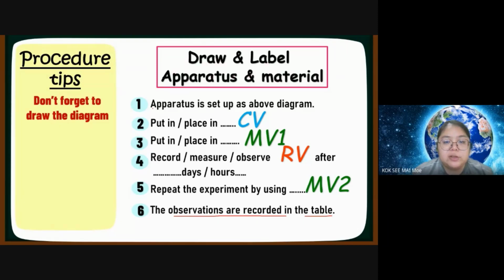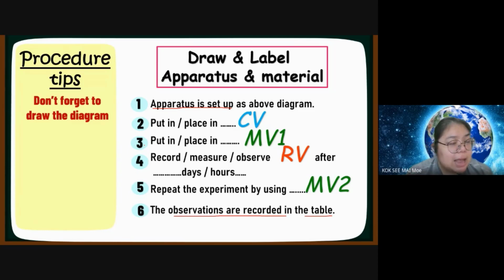Okay, so the first one you also need to write. Okay, first and number 6 you must write. Okay, number 2, number 3, some students will ask, if I forget to write, how? You've got the diagram, is it? In the diagram you mentioned, okay, you put in 10 ml. You wrote 10 ml nutrient broth.